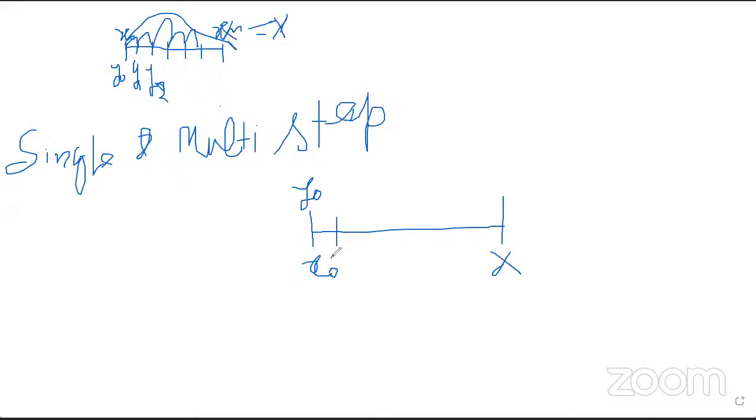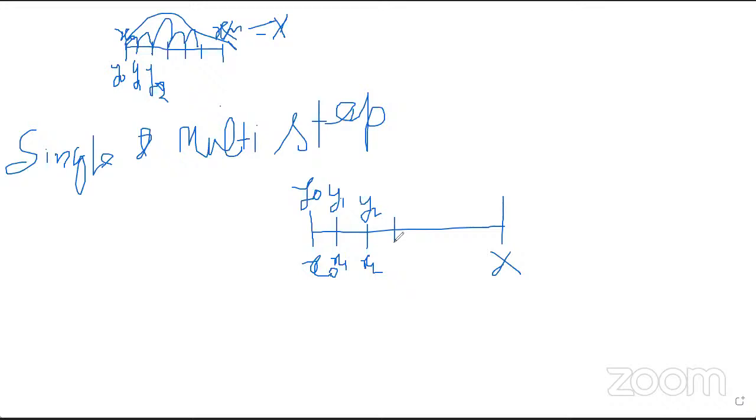We are predicting the value at X1, say it is Y1, then using Y1 we are predicting Y2, and of course these steps may also vary. It may be a uniform step size or it may vary.